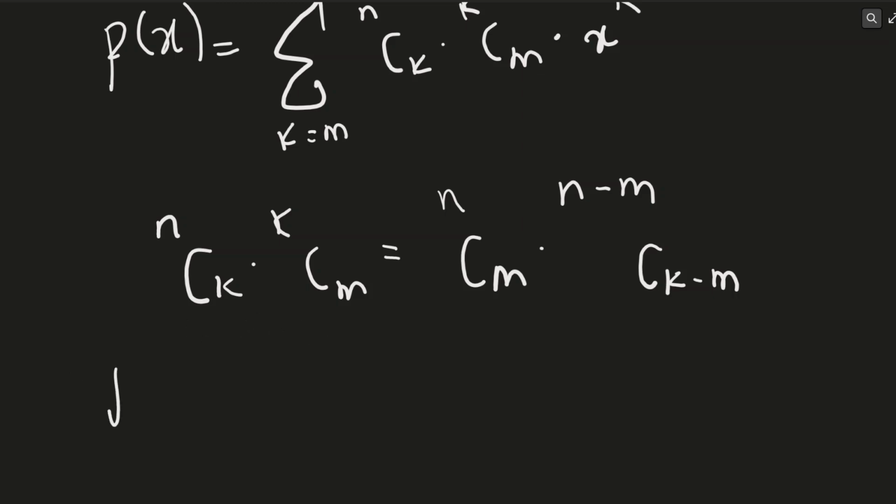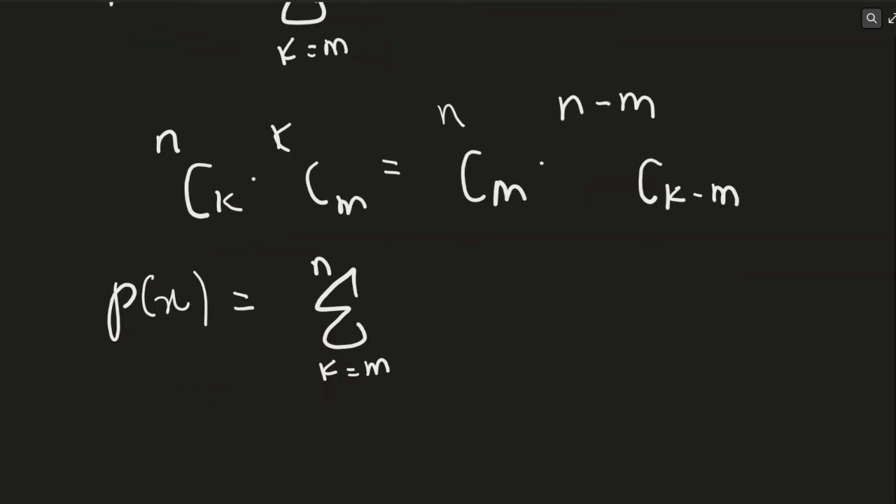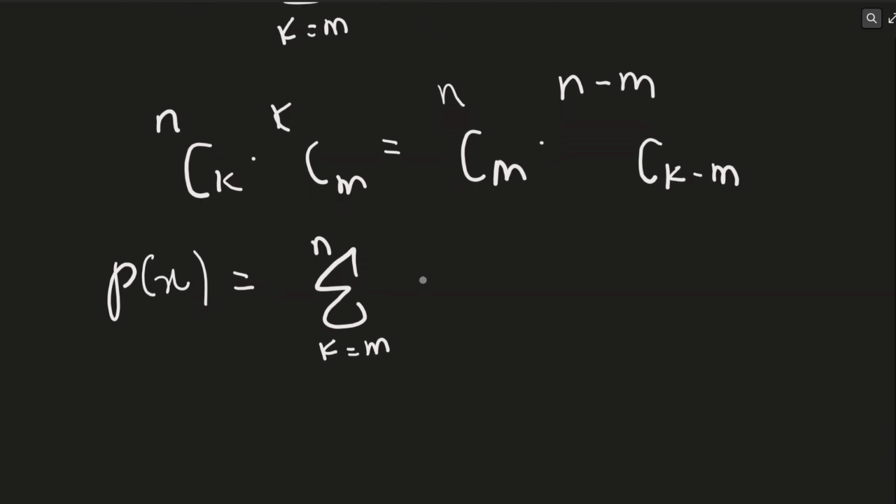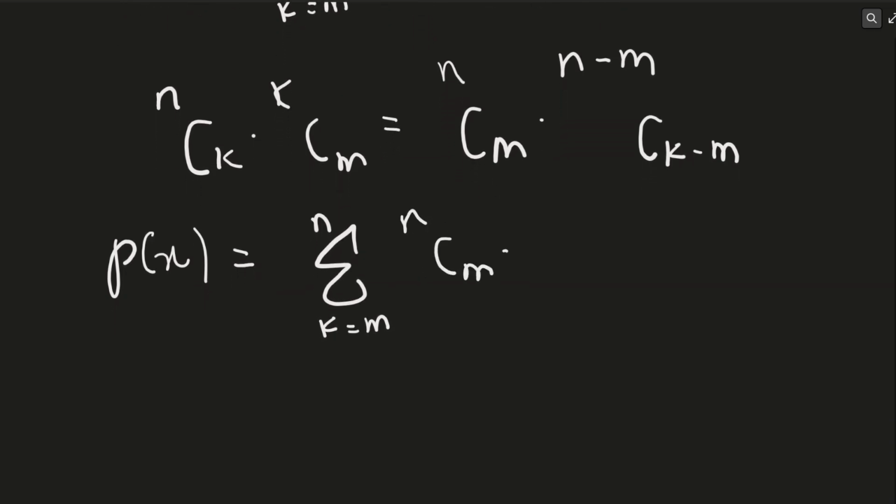So what we get here is that p of x becomes summation k runs from m to n. Now we write it as n choose m times n minus m choose k minus m times x to the power k.